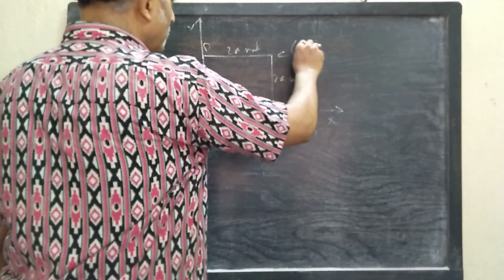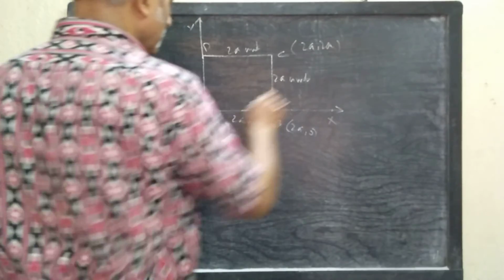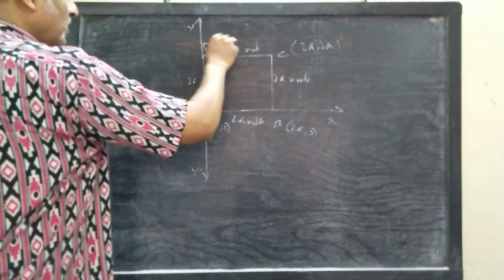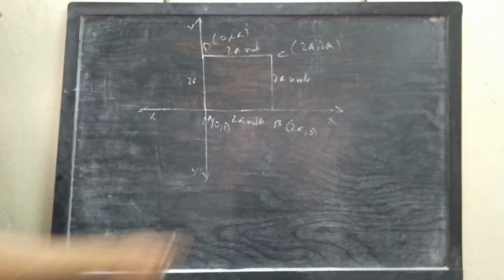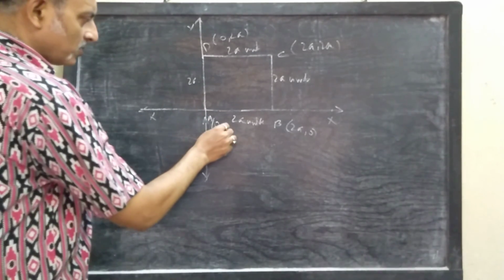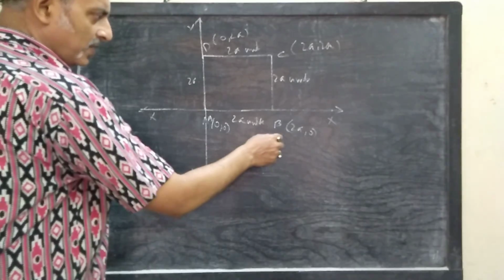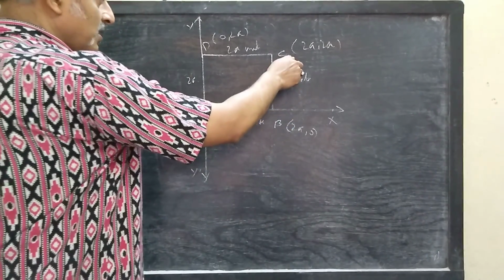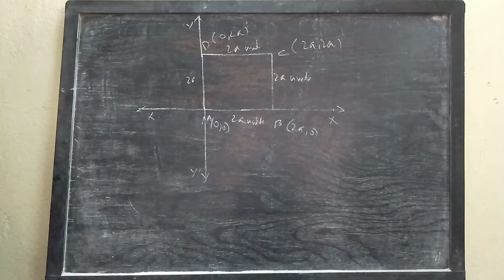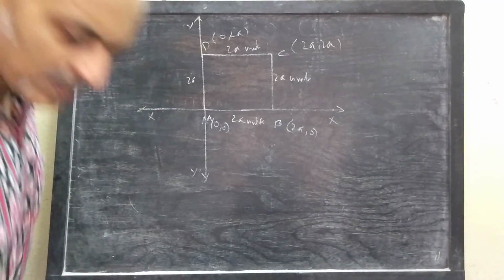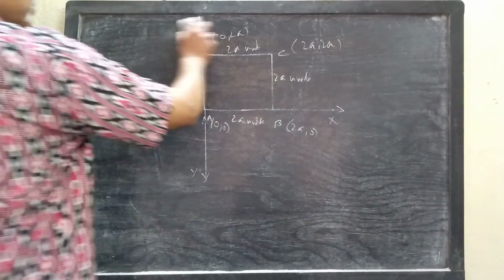The coordinate of C will be 2a, 2a, and D will be 0, 2a. Now look, A has coordinate 0, 0 because A is the origin, B is 2a, 0, C is 2a, 2a, and D is 0, 2a. First one is completed.